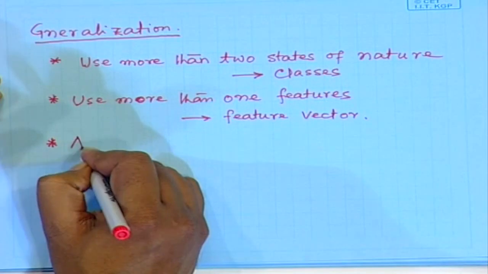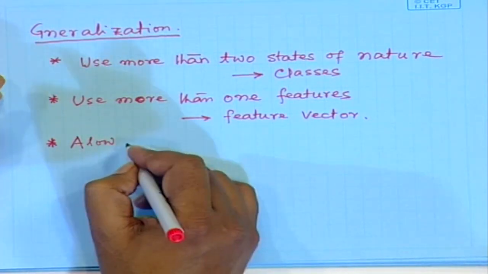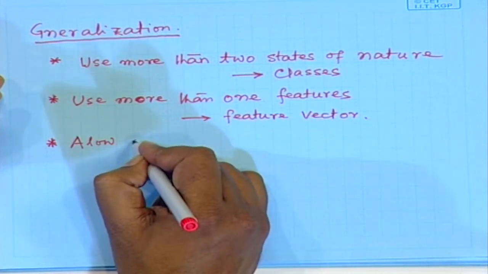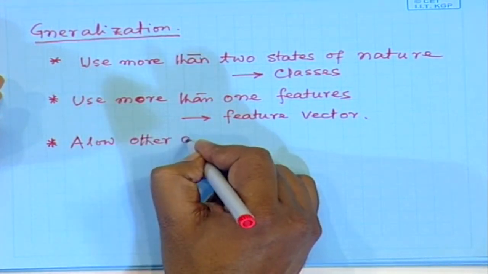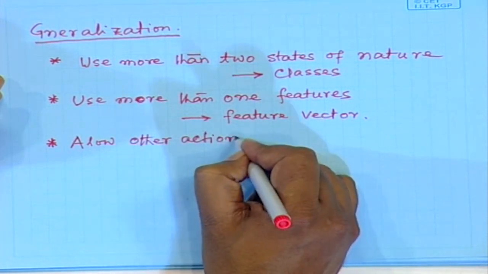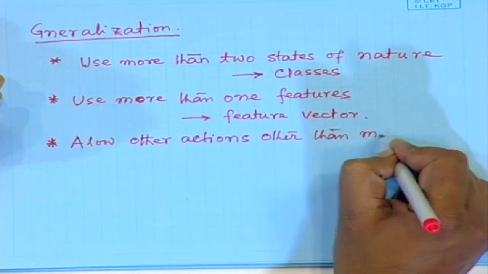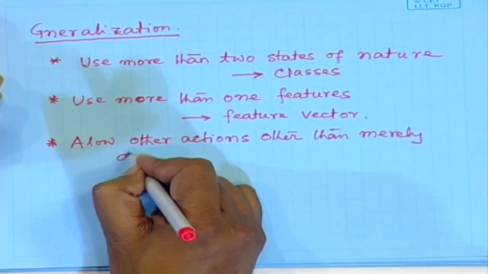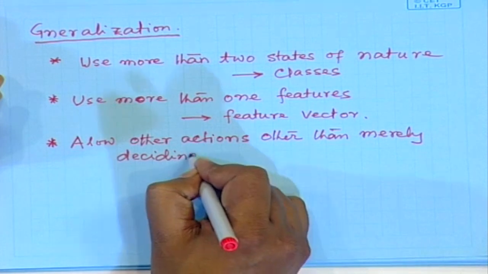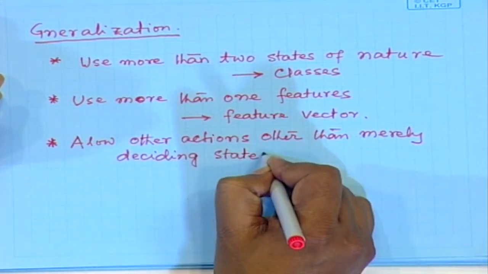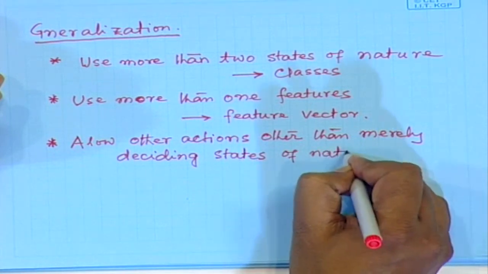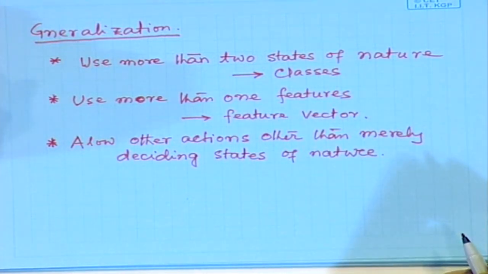So, I can allow other actions other than merely deciding the states of nature, which in our case are classes. Apart from deciding whether the object belongs to class omega 1 or omega 2, I can take other actions as well.